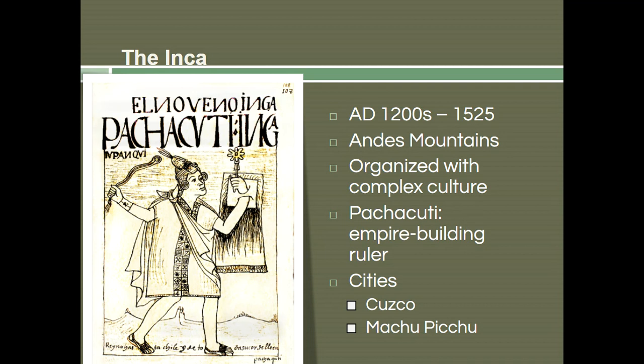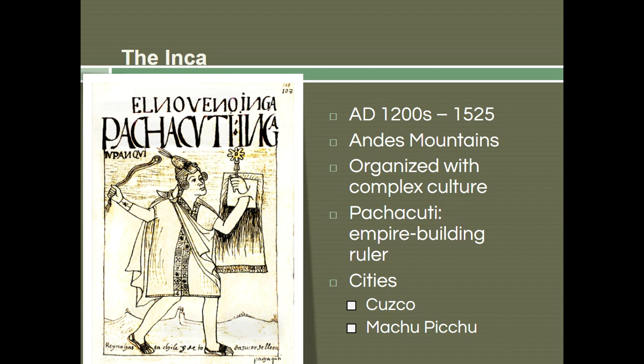They worship a sun god, and so the men from these families are thought to be descended from the sun god. So Pachacuti would have been from one of those 11 prominent families, and then he was able to extend and stretch the empire and unite it over the time of his rule.